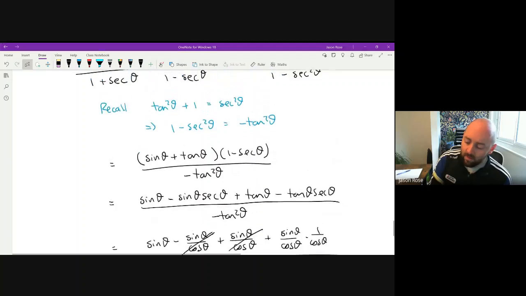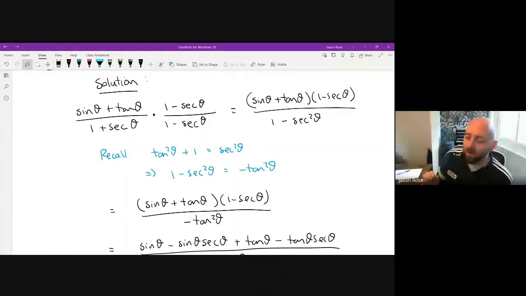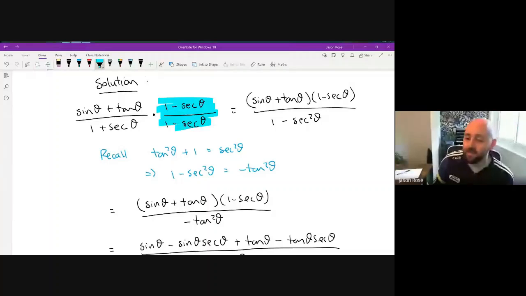So I'm taking it piece by piece and doing it as an expression. I'm not taking the identity and multiplying it. I pick one side of the identity and treat it as an expression. I multiply by 1 minus secant theta divided by 1 minus secant theta, which is equal to 1. Since it's like x over x, it's the same thing divided by itself.